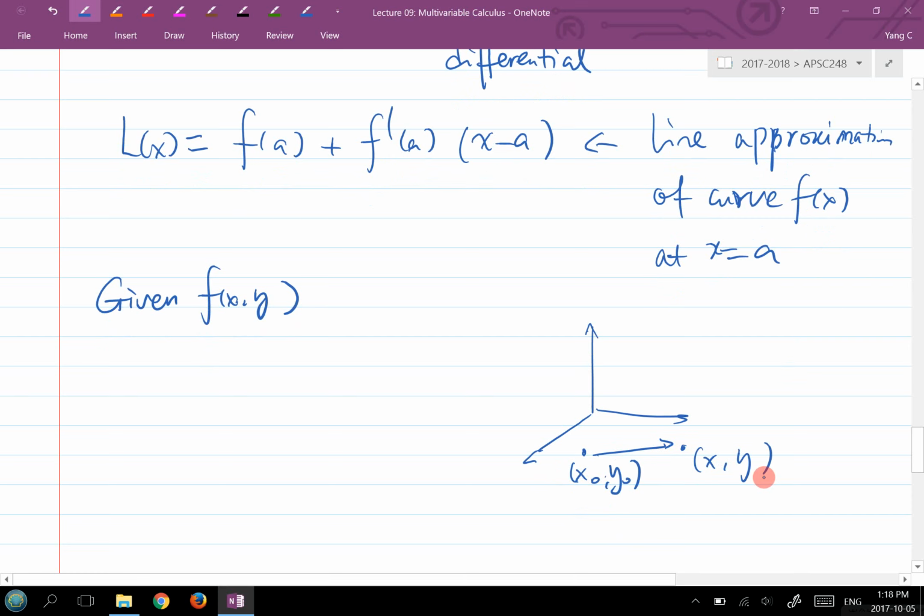Let's say instead of x, y, we put x0 plus delta x and y0 plus delta y. So you go from one location to another location.